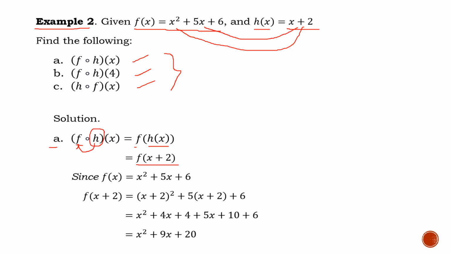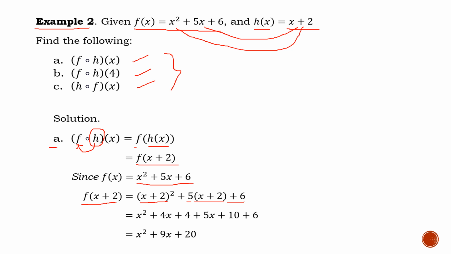Now, since f of x is equal to x squared plus 5x plus 6, we just simply copy your f of x, then we apply the concept of composition of functions. So f of x plus 2 is now equal to x plus 2 squared plus 5 multiplied by x plus 2 plus 6.